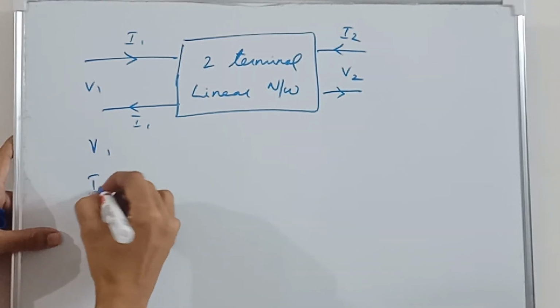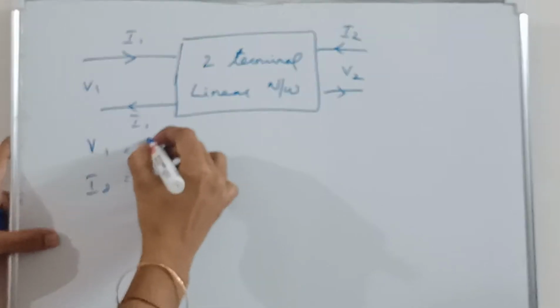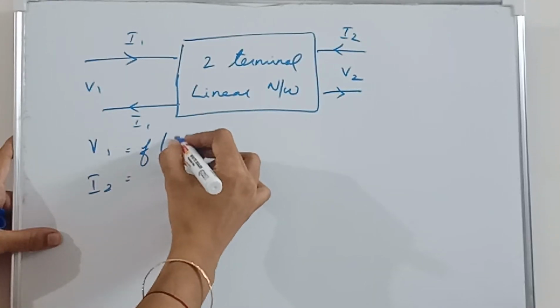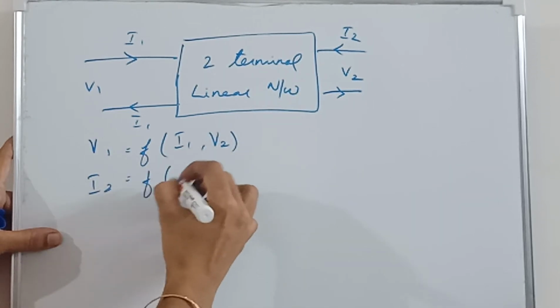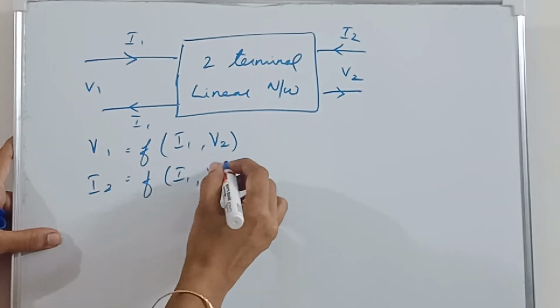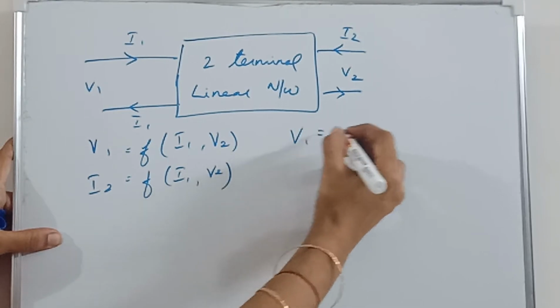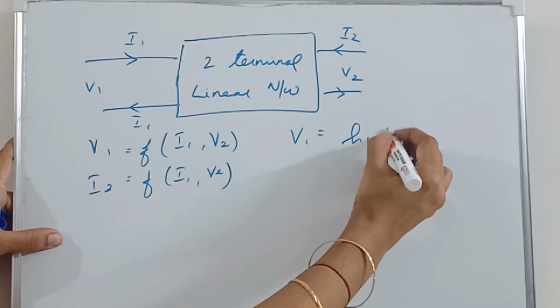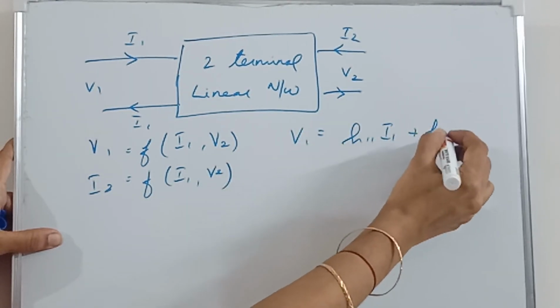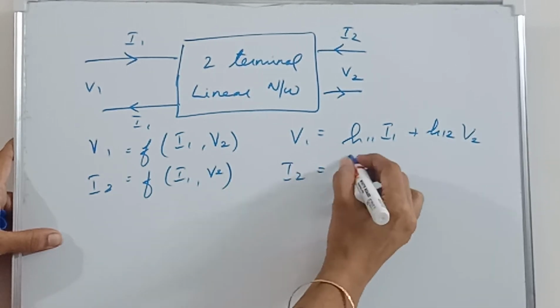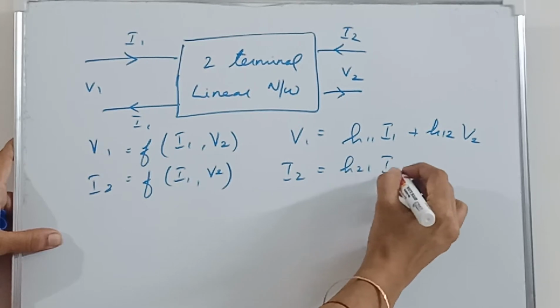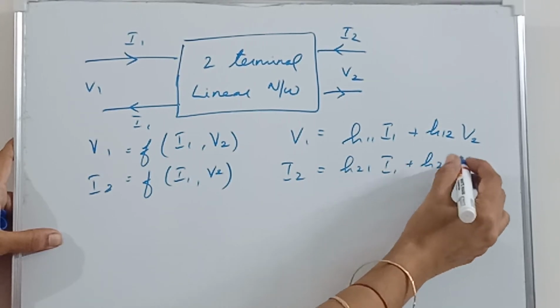So suppose V1 and I2 are the dependent variables, they can be written as functions of I1 and V2. Which means V1 is H11 I1 plus H12 V2, and I2 is H21 I1 plus H22 V2.